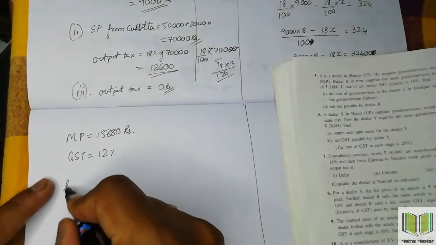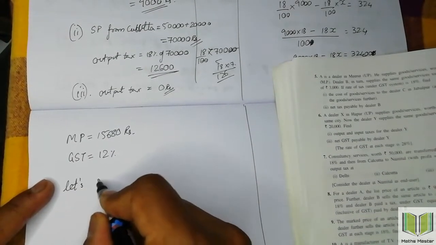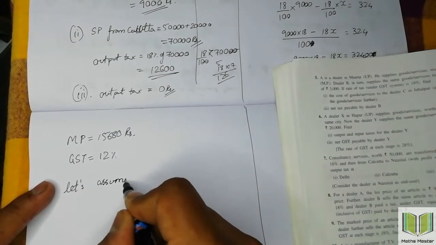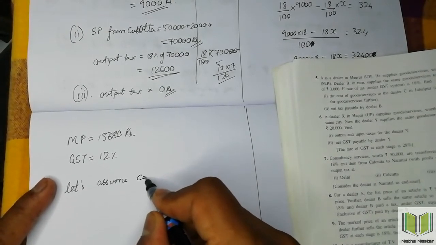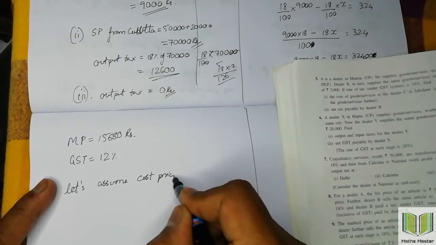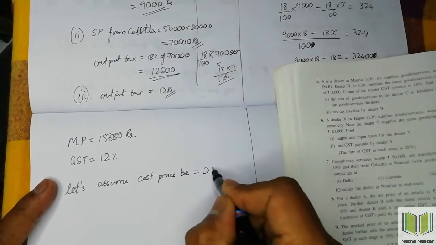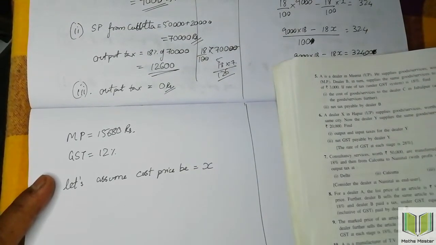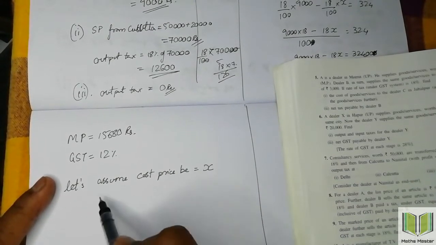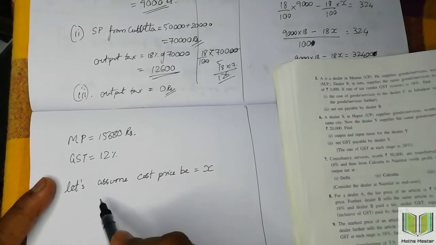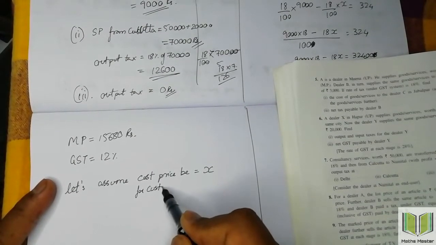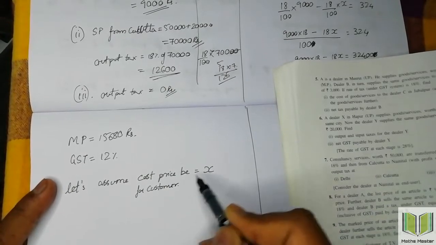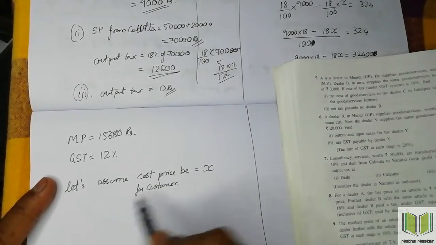Let's assume the cost price be equal to X. Now, the cost price for the customer be equal to X. We don't know how much he is asking it for.